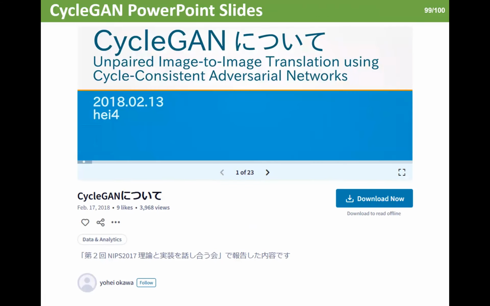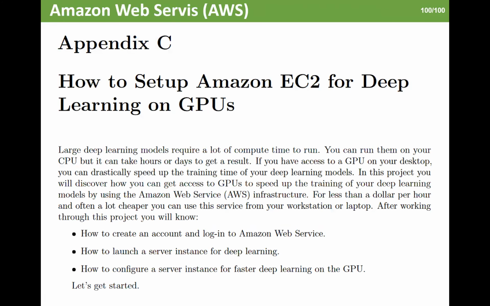If you're interested, this is Amazon Web Services. If you're really serious about training on large data sets, you need a big supercomputer.